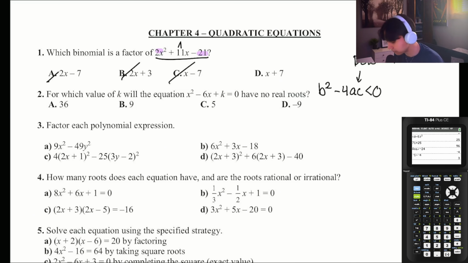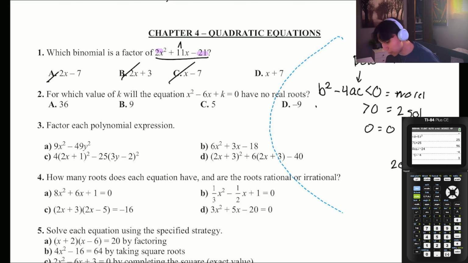So again, it's less than 0 when it's negative, or no real roots. It's greater than 0 when it's 2 solutions. And it's equal to 0 when you have 1 solution, or 2 equal solutions. 2 equal solutions just means 1 because it's the same number, but don't worry about that too much.